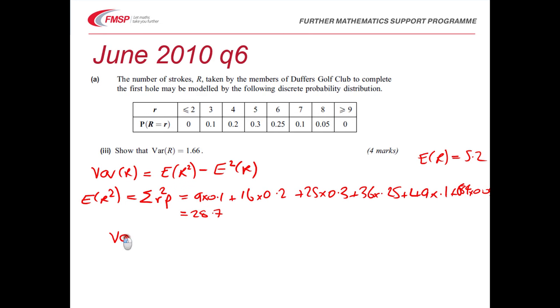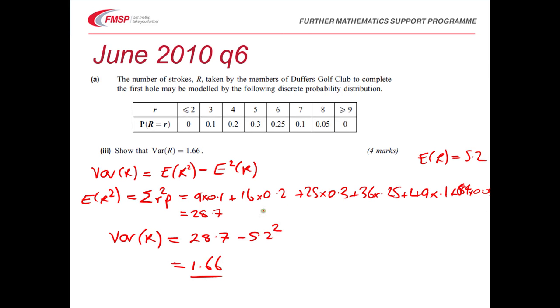So now we can work out the variance of R. So the variance of R is going to be 28.7 minus 5.2 squared, which if we calculate that through, I'm happy now to give me 1.66. So how are these marked? Okay, well, you're going to get 2 marks.